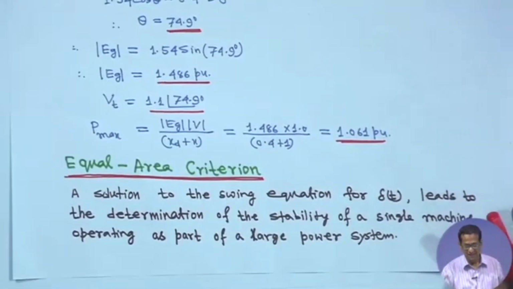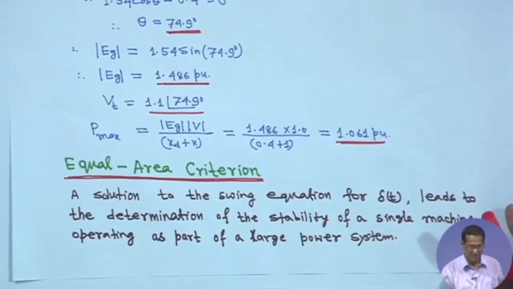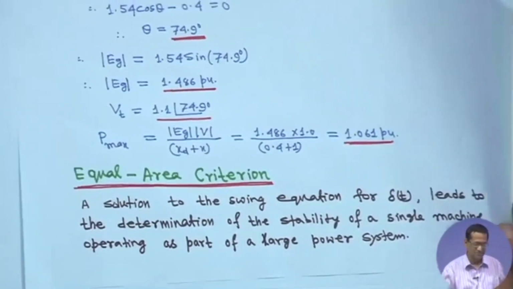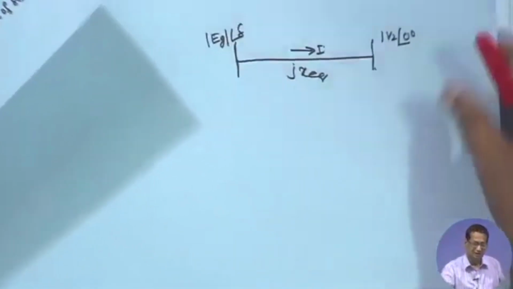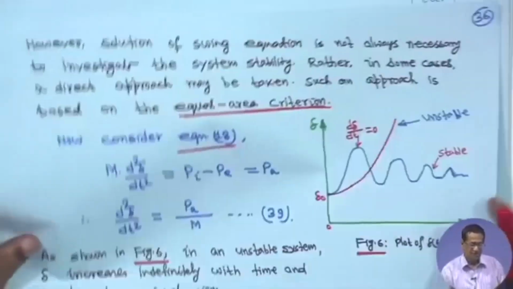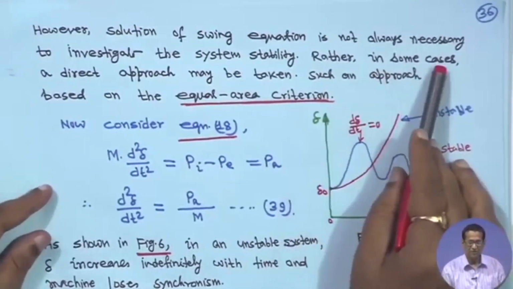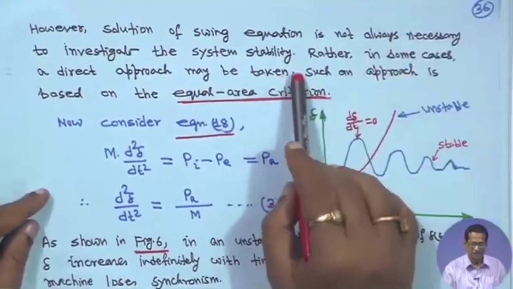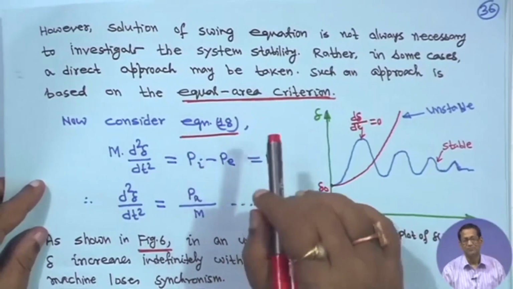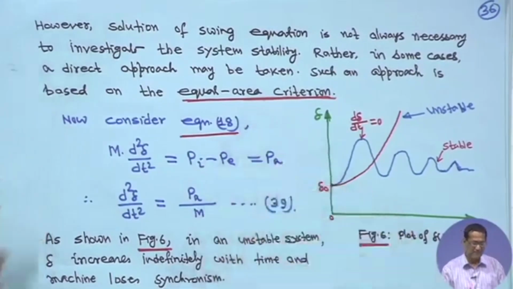However, solution of the swing equation is not always necessary to investigate system stability; in some cases a direct approach may be taken. Such an approach is based on the equal area criterion.